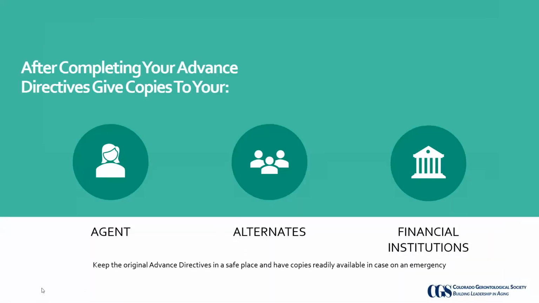You always want to make sure that you keep the original advanced directives in a safe place, and give your agent, alternate, and financial institutions a copy. That way everybody is on the same page about what the powers are, who's doing what, and when.